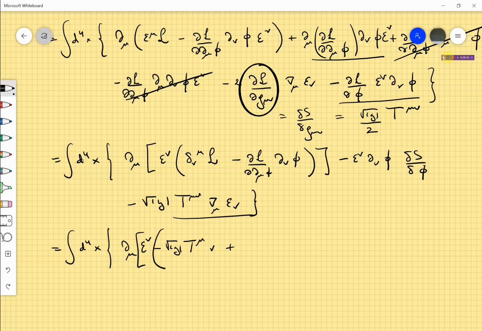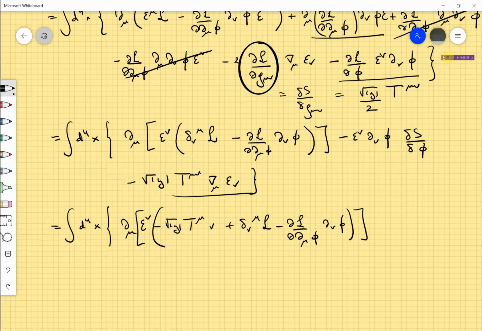So I have this delta nu mu L minus partial L partial nu phi. Okay, then we have minus epsilon nu partial nu phi delta S delta phi. And finally, well, we integrated by parts, but we still have to consider this last term. So it's nabla mu square root of g T mu nu epsilon nu.